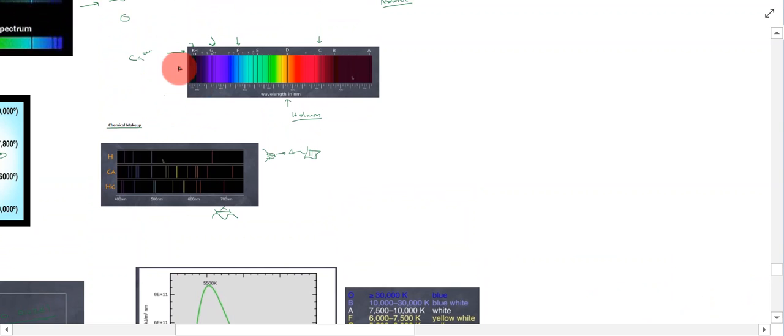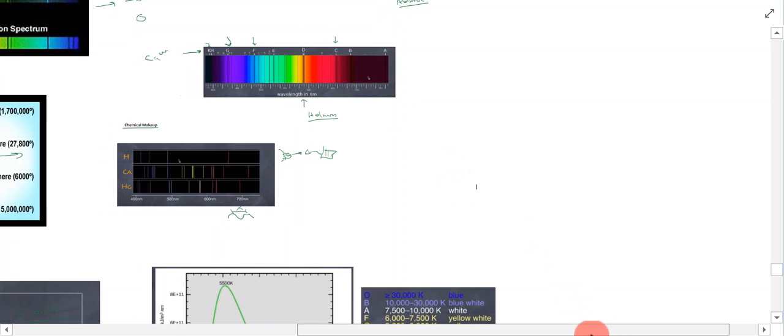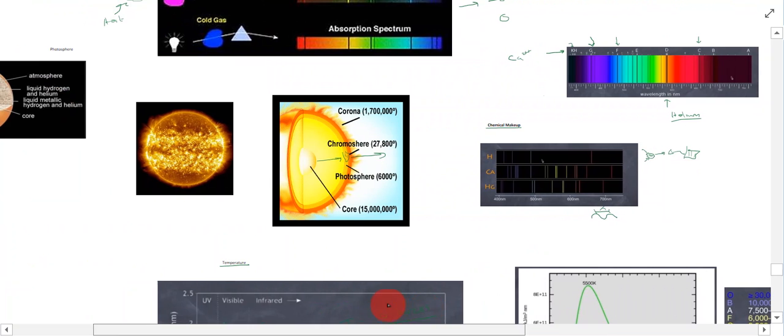We can take the starlight, for example the light from the sun, identify the individual absorption lines on a continuous spectrum, pick out these characteristic wavelengths that are being absorbed by the star, and determine what its chemical makeup is.